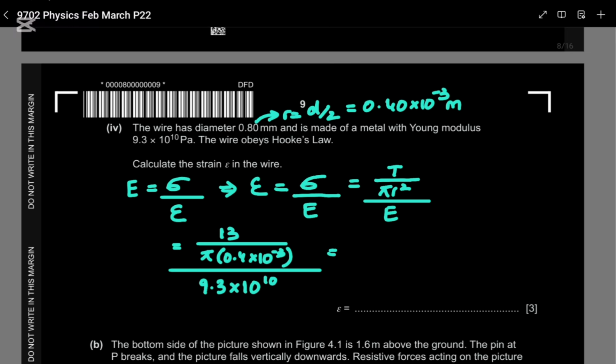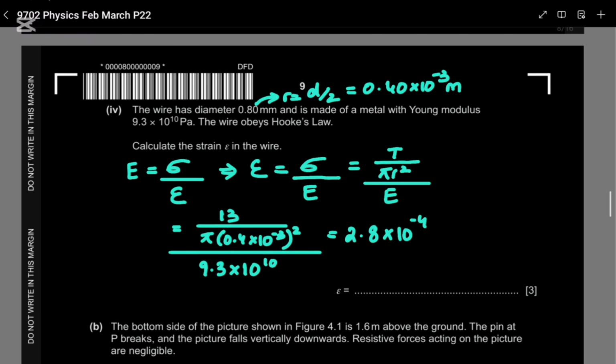Plug this into your calculators: 13 over pi times 0.4 times 10 to the power of minus 3 whole squared, I forgot that, over 9.3 times 10 to the power of 10. I get an answer of 2.8 times 10 to the power of minus 4, to two significant figures.